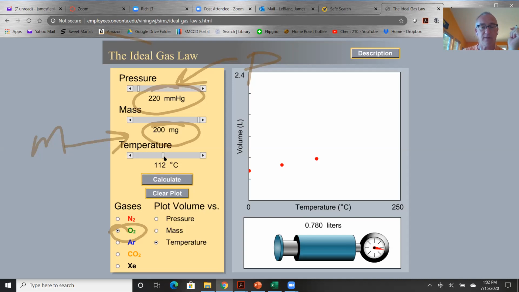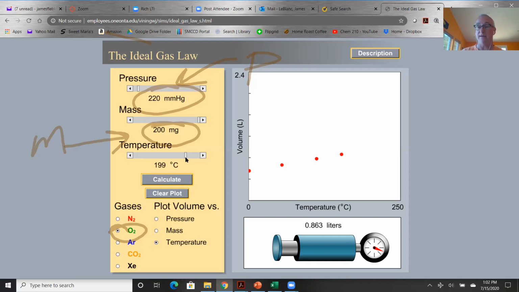I pick a new temperature. Let's say 153. Get another one. So 153 and 0.863 liters. Up to 199.